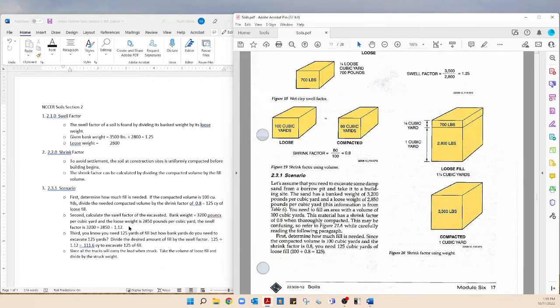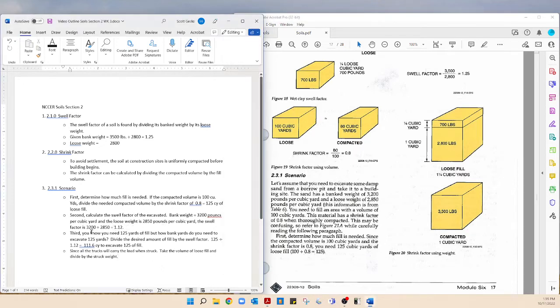Here's your swell factor. Your swell factor is 1.12. And the third thing is you need 125 cubic yards, as it shows right here.